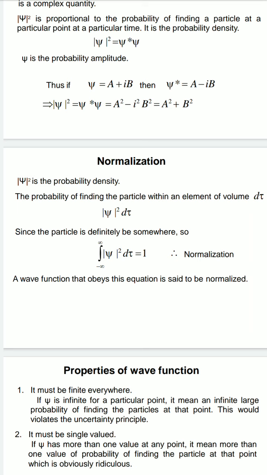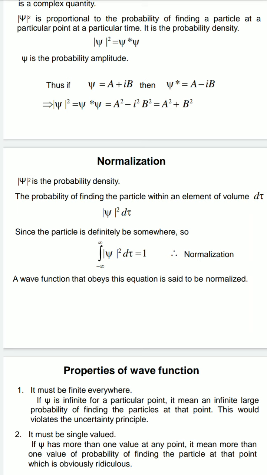Now if you are given a wave function psi, let it be e raised to x. So psi is equal to e raised to x, exponential x. It's a mathematical expression which is going to describe a particle, for example. So if you are given psi equal to e raised to x, and you take the integration of psi modulus square, e raised to x is not complex, so psi modulus square will be e raised to 2x.